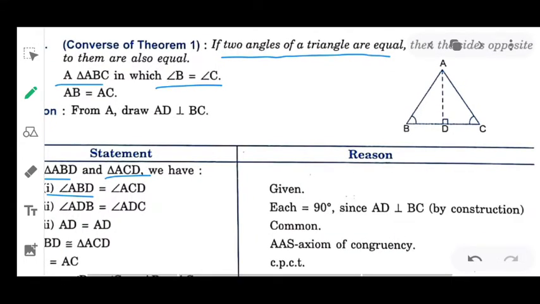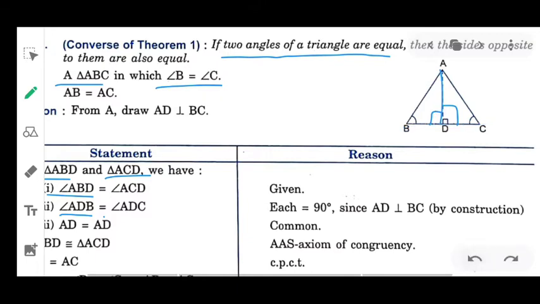Then angle ADB equals angle ADC, both are 90 degrees because AD is perpendicular to BC.